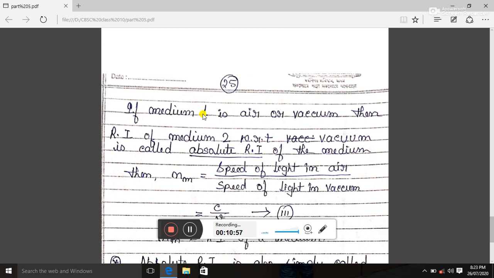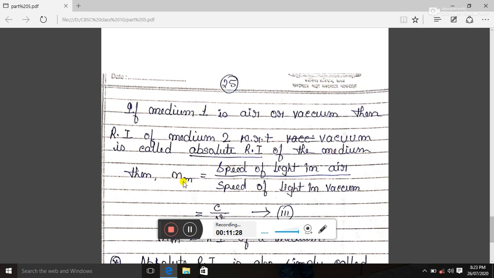It means if light is incident from air to another medium, for example from air to glass, then we will say that it is the refractive index of glass, or absolute refractive index of glass. So what is absolute refractive index? If one medium is air or vacuum, then that refractive index is called the absolute refractive index of the medium.